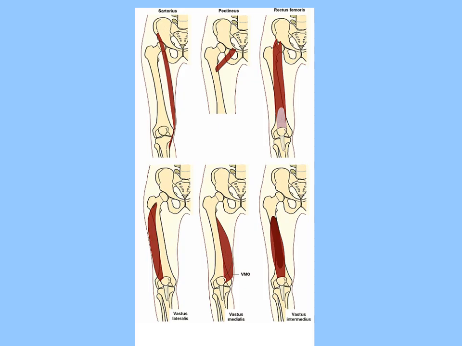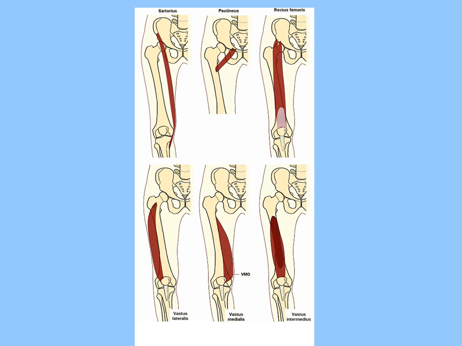It is also a knee extensor. The vastus lateralis is the largest of the quadricep muscles. It is a pure knee extensor. Vastus medialis, which is much smaller than the vastus lateralis, is also a knee extensor.